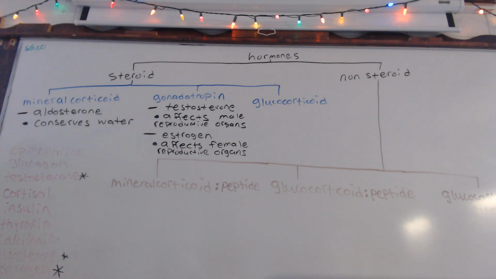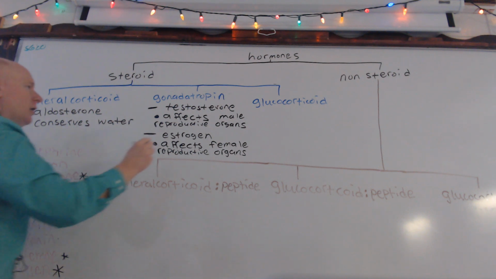Okay, and then what is it that we talked about today that would have a function on glucose that's also a steroid? So then we start eliminating ones that we know that it isn't, okay? So we actually know which one it is. Cortisol, okay? Cortisol.